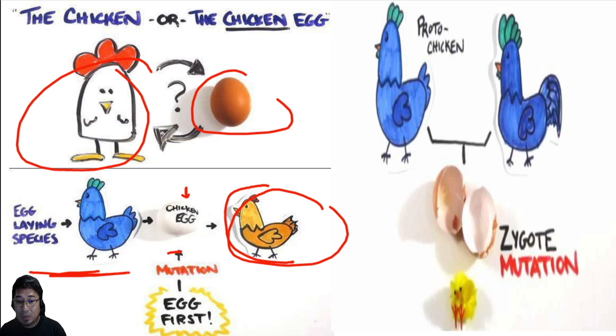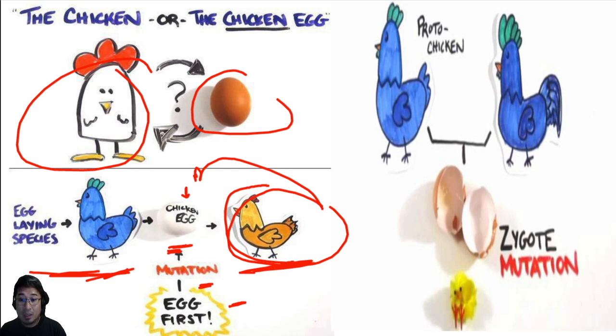So in other words, as a conclusion, as an inference, the reason why the chicken goes secondary is because nanggaling yung egg na to sa isang prototype na chicken. Kaya nauna yung egg, nagkaroon ng mutation, egg first, and then nanggaling ngayon yung chicken.